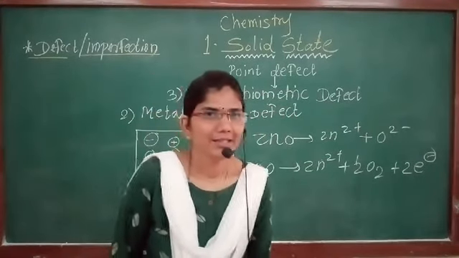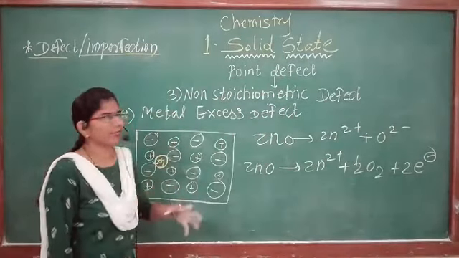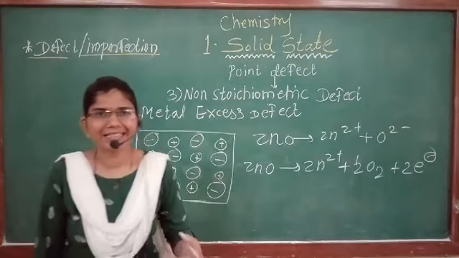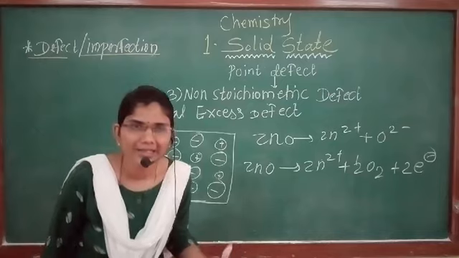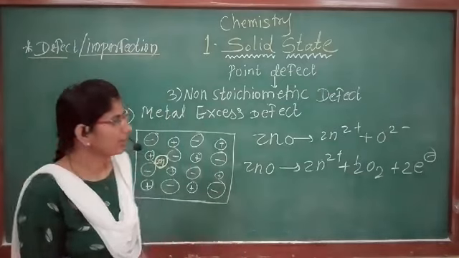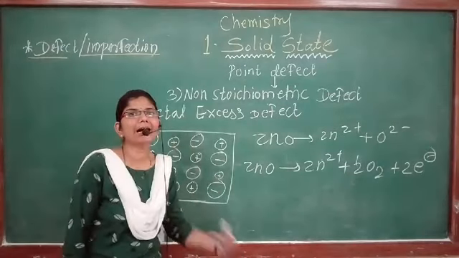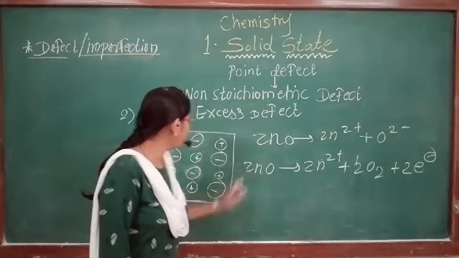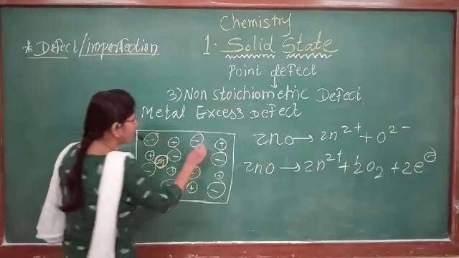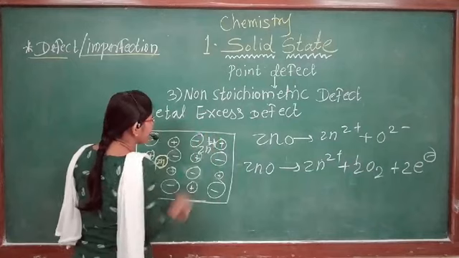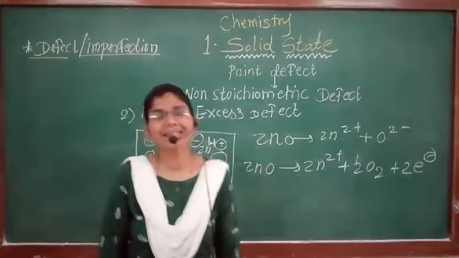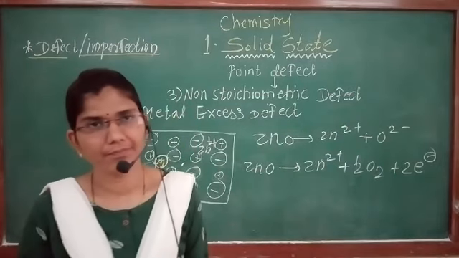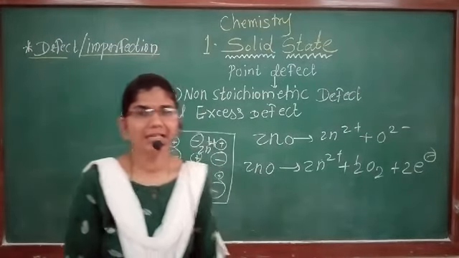Here in the metal excess defect, an excess metal occupies the interstitial position, or the crystal decomposes and forms Zn2+ ions, and the electrons can move in the crystal structure. That will be the metal excess defect.